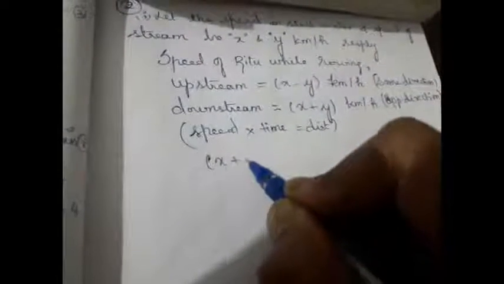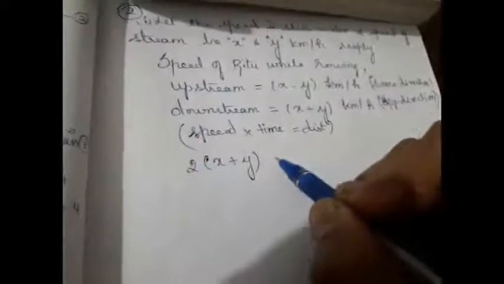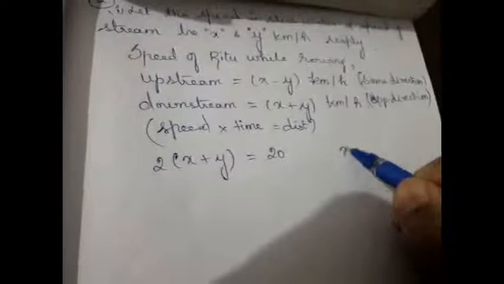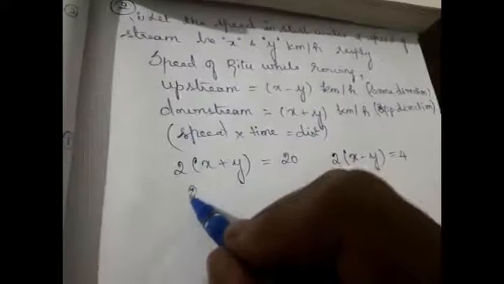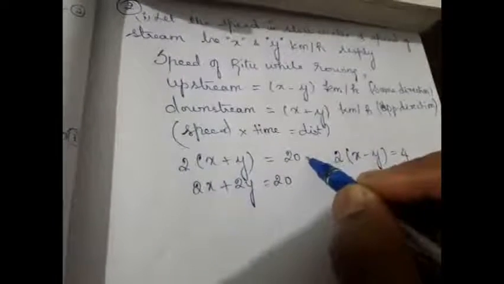The speed will be x plus y and the time taken is 2 hours and they are covering 20 km. On the other hand, in the upstream, the speed will be x minus y and the distance covered is 4 km in 2 hours again, right? Now how will the equations become? 2x plus 2y equals 20, or else initially itself you can divide throughout by 2.